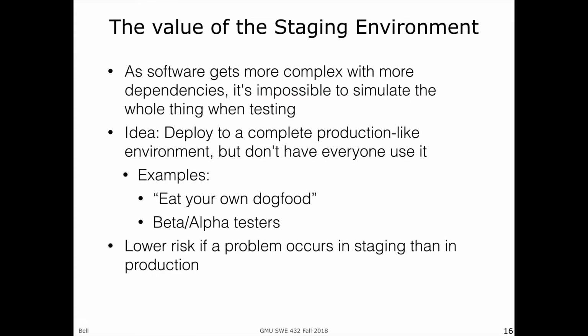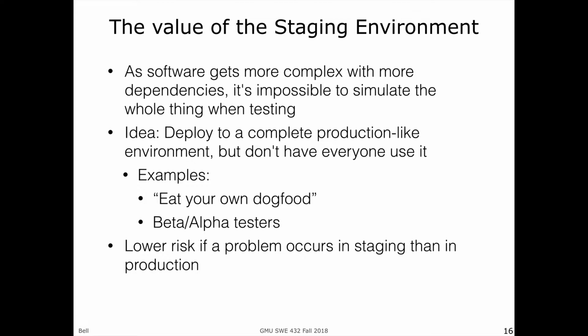So where does a staging environment come from, and what do we use it for? As software gets more complex and we have lots more dependencies within our software and between it and different libraries and modules, it becomes kind of impossible to simulate the whole thing just when testing it. Like, I'm building just my one feature and I want to see if it works, but you kind of have to try the entire system all at once.